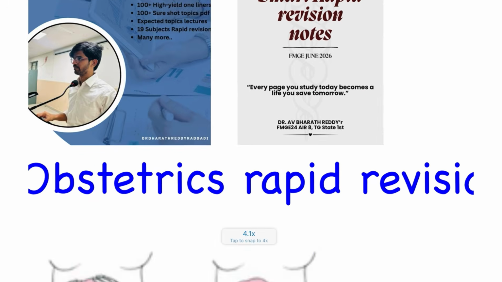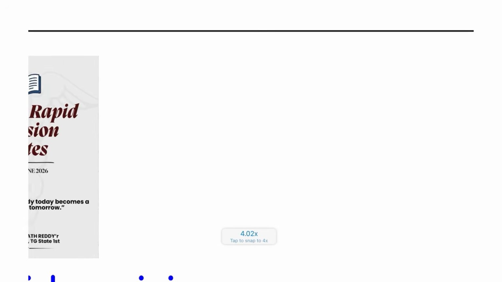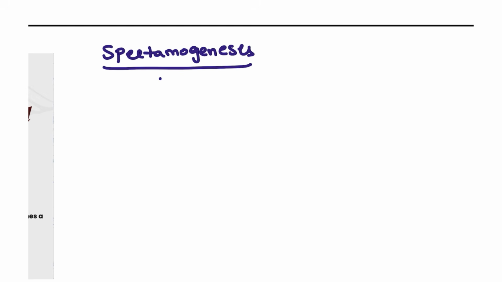So let's start the discussion, guys. First and foremost, we will be discussing the important parts, how spermatogenesis and oogenesis happen. First we'll start with spermatogenesis in the male. It starts from the gonadal cells, which give rise to the spermatogonium.